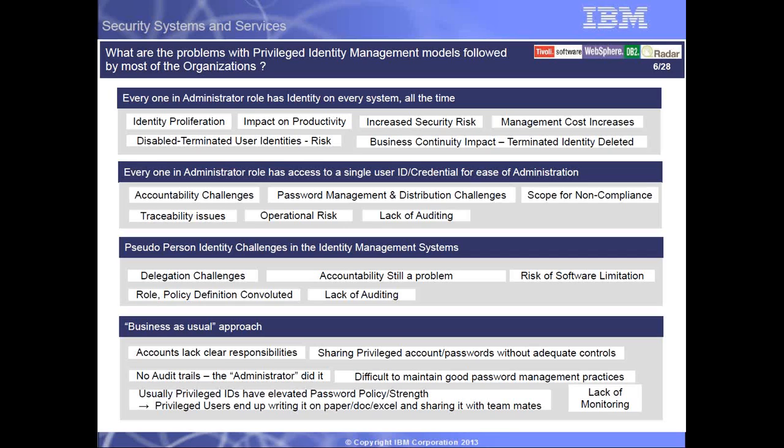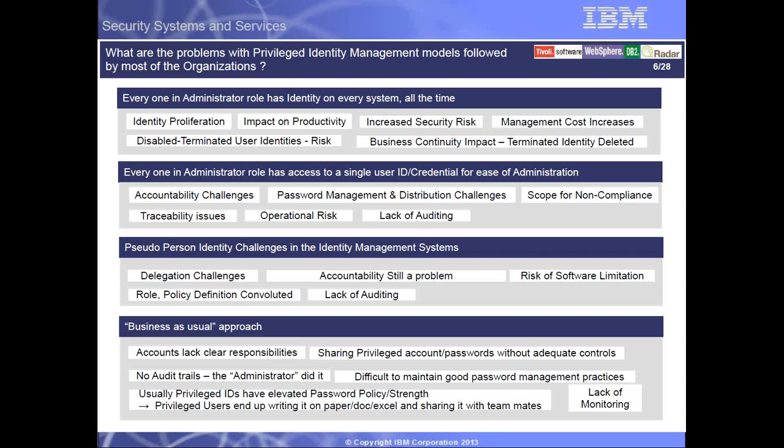You will need this ID to be shared. Network devices, there you need to have these IDs shared between the teams who are supporting or administrating them. So accountability challenges show up because you don't know who really logged in at that time using that ID and did the changes. Finally, your log shows administrator did the change.